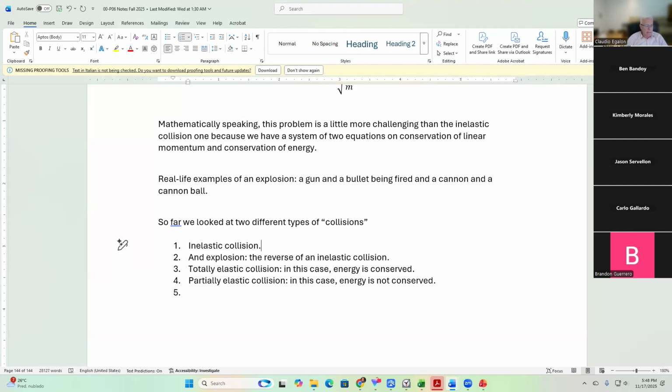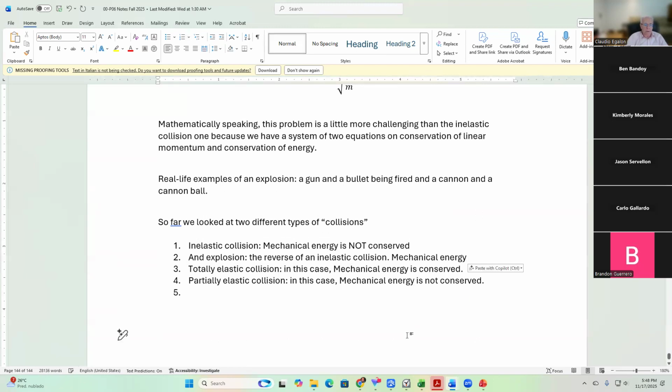And by the way, in the case of inelastic collision, energy is not conserved. Oh, not just energy, but mechanical energy. Mechanical energy is not conserved. That's what I meant here. In the explosion case, mechanical energy is not conserved either, because we have this internal energy that's not potential.